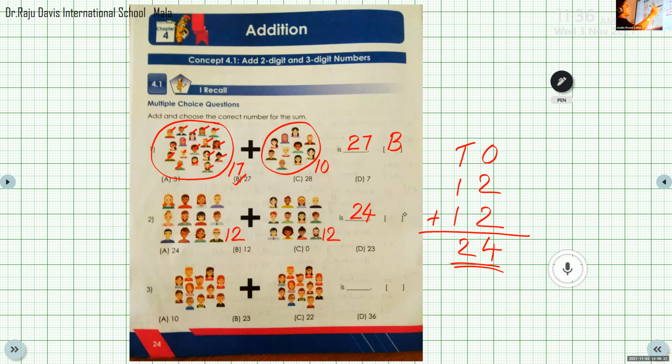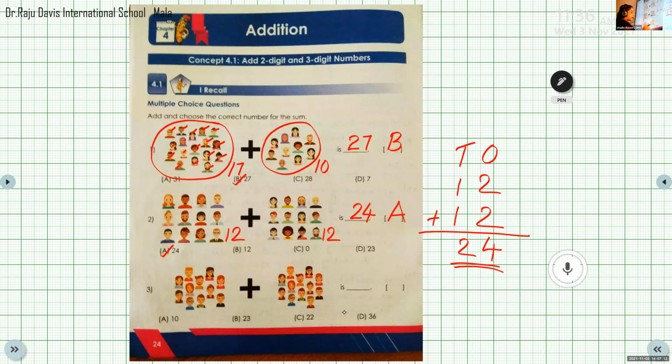Thank you, my dear. Welcome. Next, Anna Rose, please unmute. Please tell me the next, third question. How many are there in the first picture? 11. Okay, so here 11 are there. And the next one? 12.